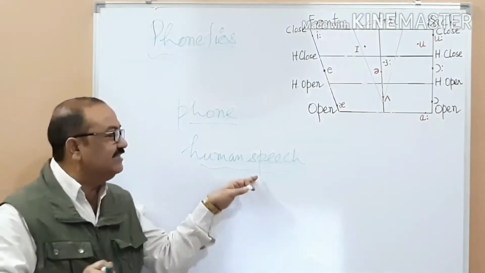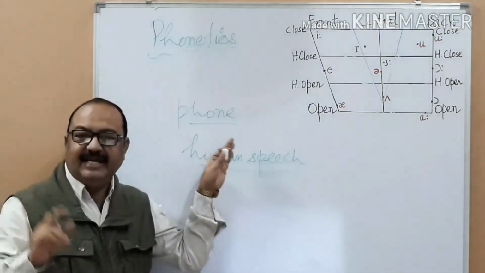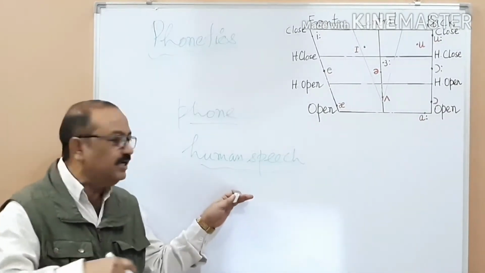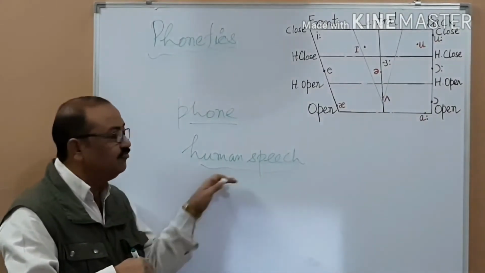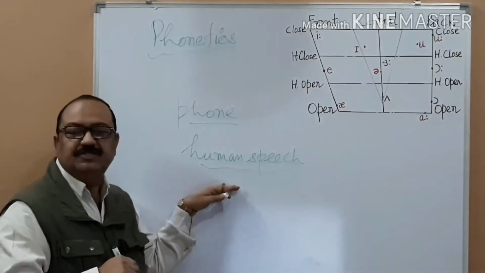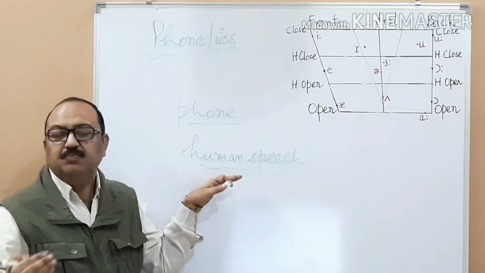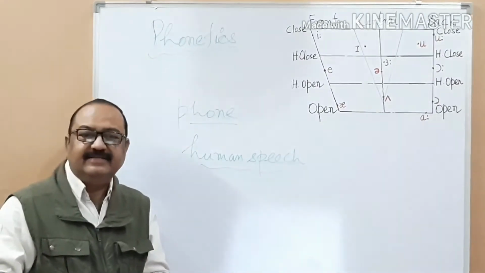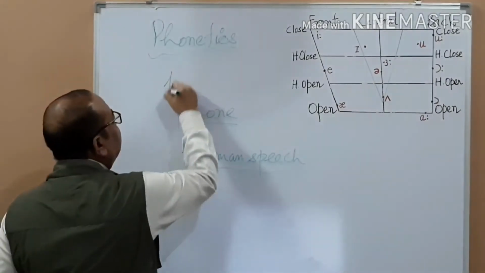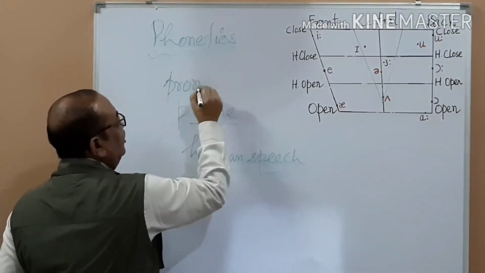So I repeat, phonetics is a branch of linguistics that deals with production, combination, description and representations of sounds of human speech. Since it is a scientific study of human speech, it is more popularly known as the science of pronunciation. So what do we learn in phonetics? We learn pronunciation.